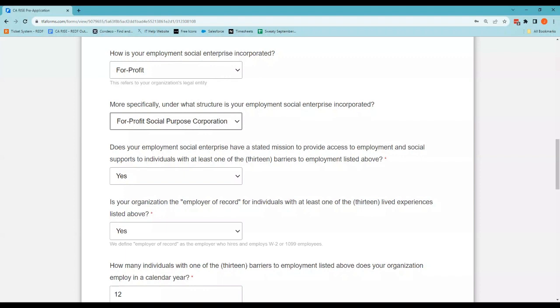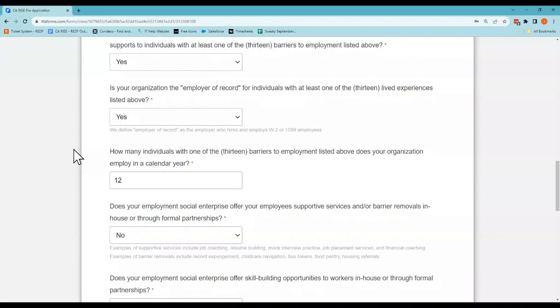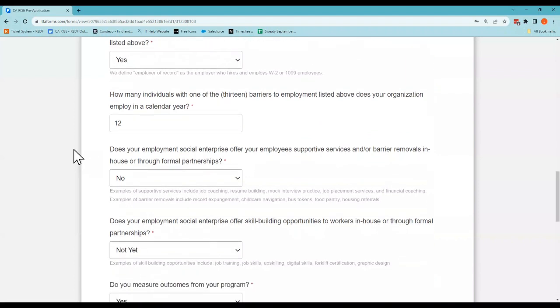Skill building refers to training and assistance in strengthening soft and hard skills. These resources can also be provided on-site or through a formal partnership. Examples are also provided here. The next two questions ask about measuring outcomes and using evidence-based practices.